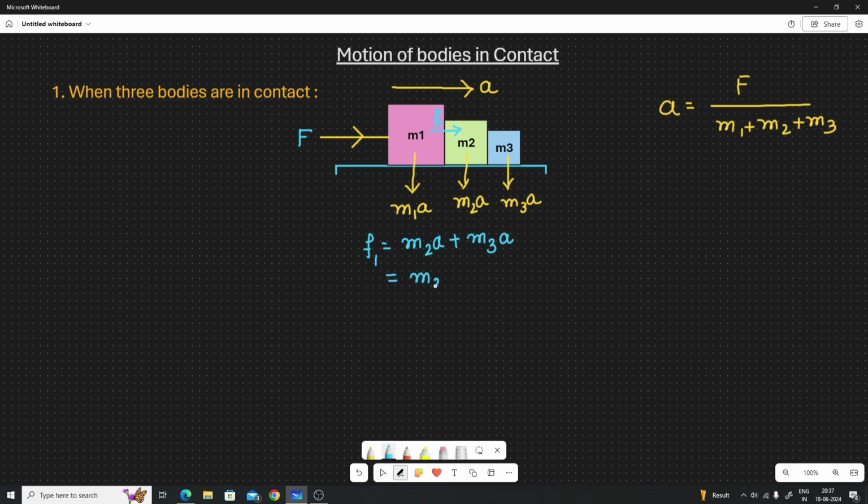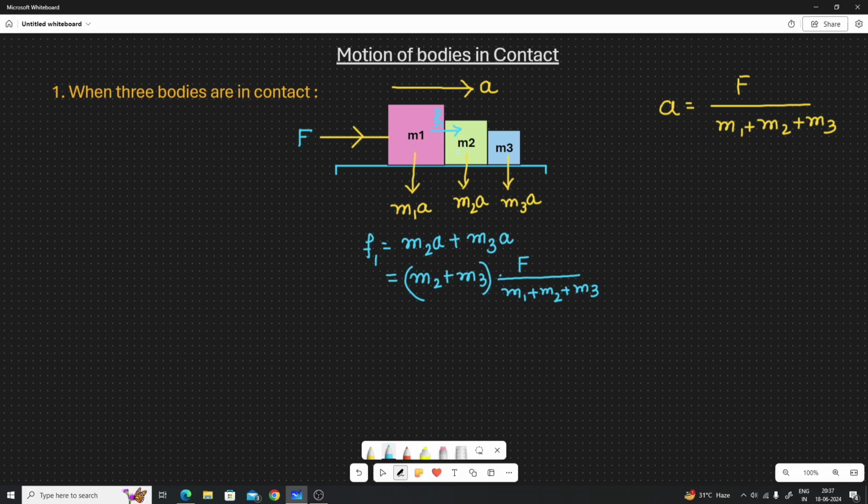That is (m2 plus m3) times the value of a, which is F divided by m1 plus m2 plus m3. So this is the force acting between m1 and m2.